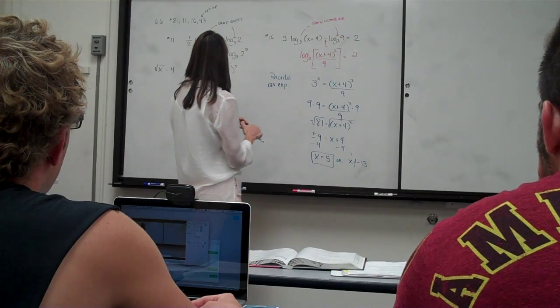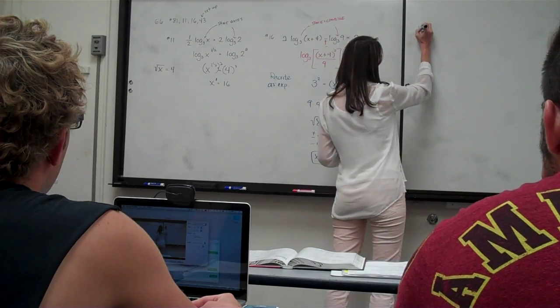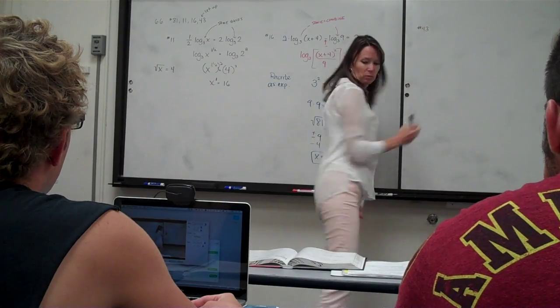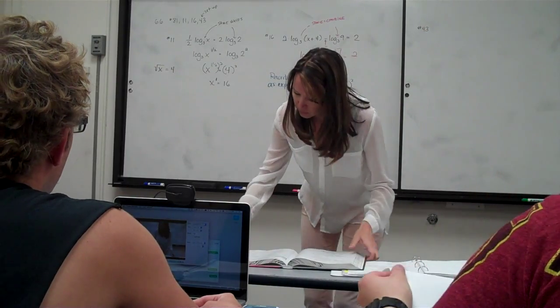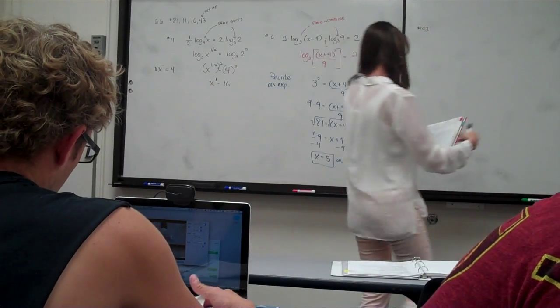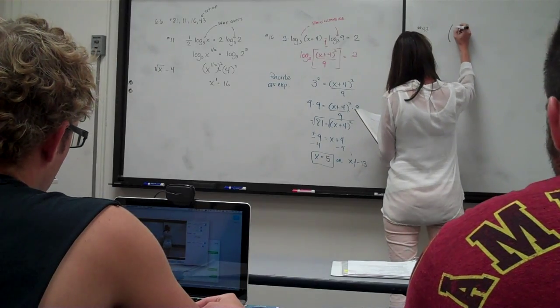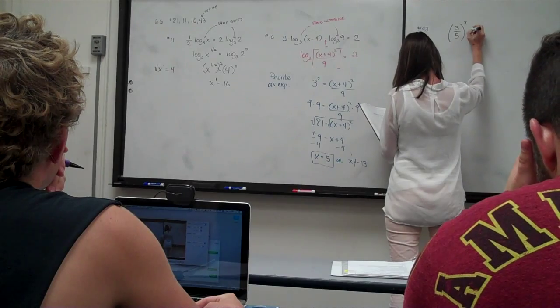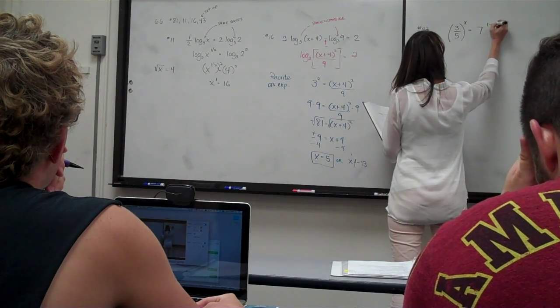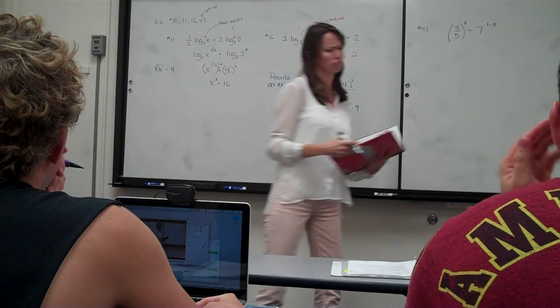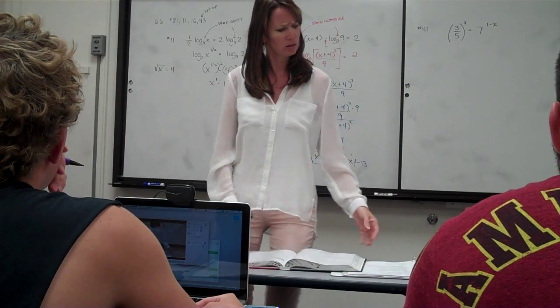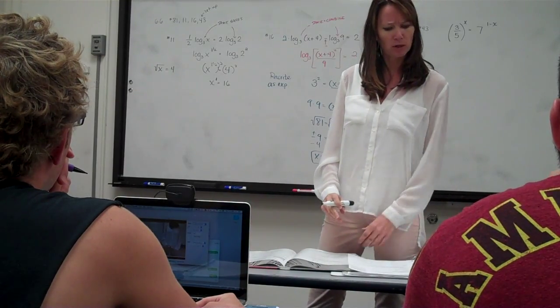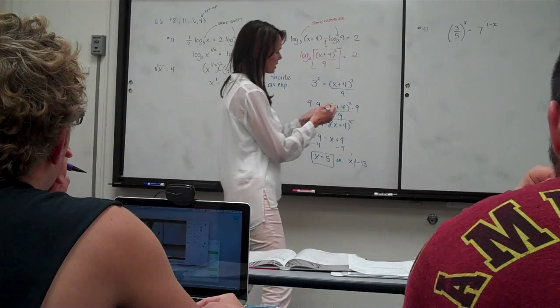Okay, so let's jump to how to set up number 43. There's two ways you can do this. The way the book tells you, and I think this was my second hint yesterday: if they have different bases, what should we do?